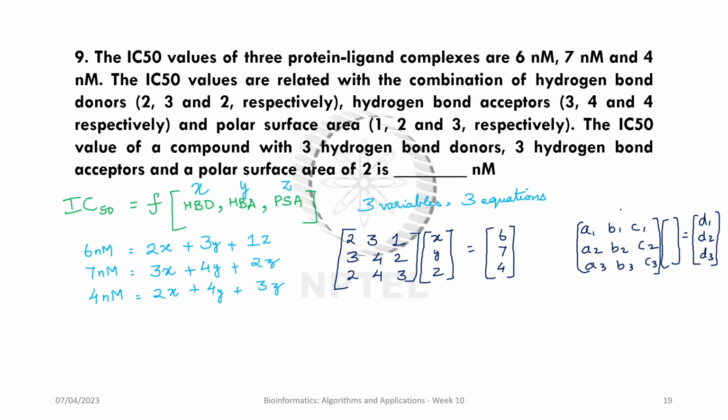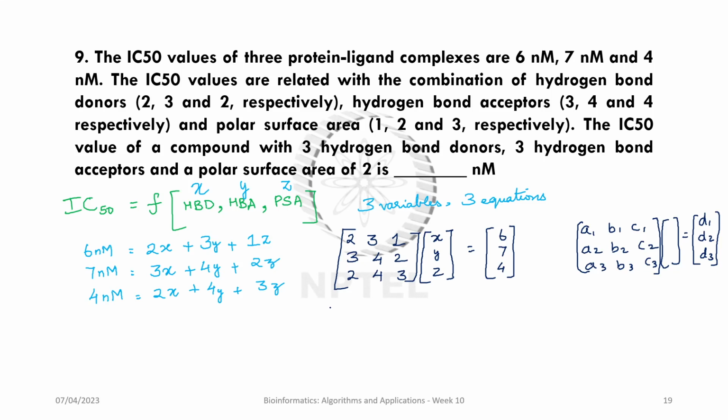A1 would be 2, B1 will be 3, C1 is 1, D1 is 6, A2 is 3, B2 is 4, C2 is 2, D2 is 7, A3 is 2, B3 is 4, C3 is 3, and D3 is 4.